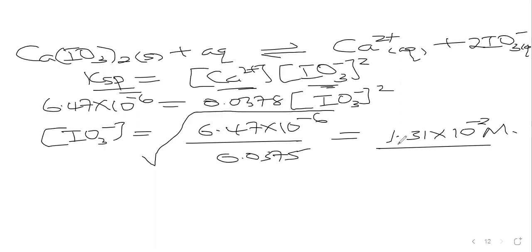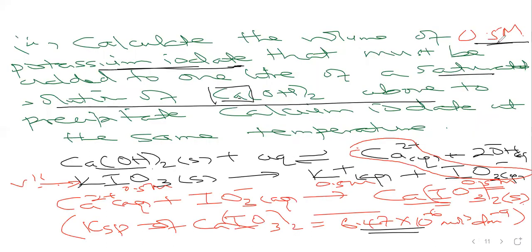Are we together? Yes, teacher. So this implies that this is the concentration of iodate ions we need to precipitate calcium iodate. But from the question, the iodate ions we have is this.